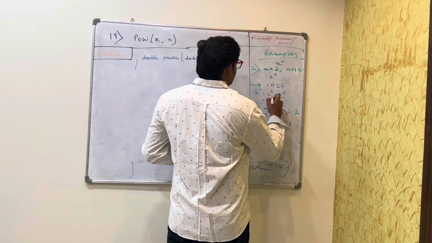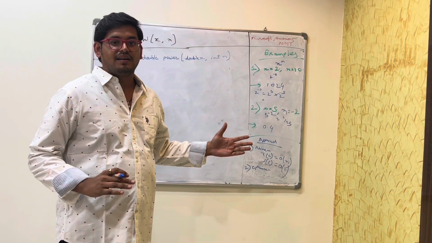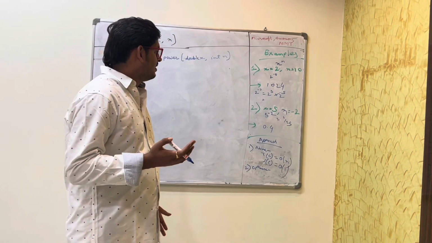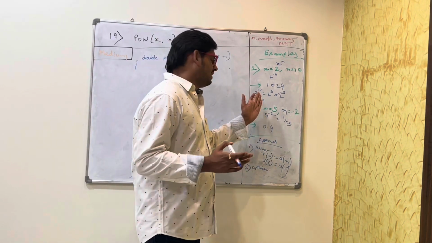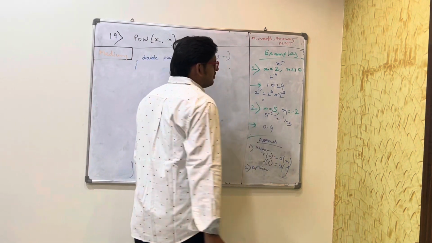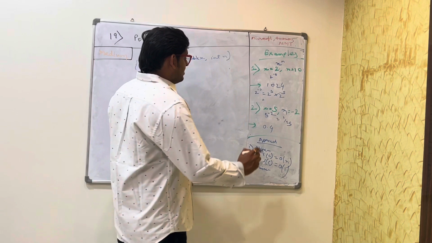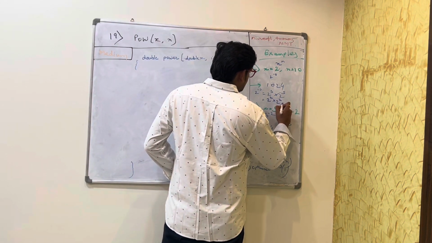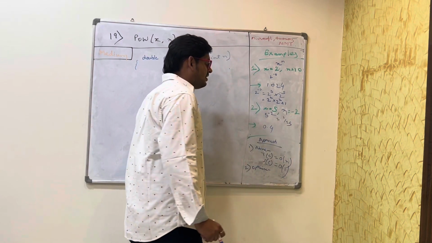And if this can be calculated directly, 32 into 32, then this would be simple, right? But this could be a bigger number, so can we optimize this 2 to the power 5 further? This 2 to the power 5 can be reduced to 2 to the power 2 into 2 to the power 2 into 2 to the power 1, right?